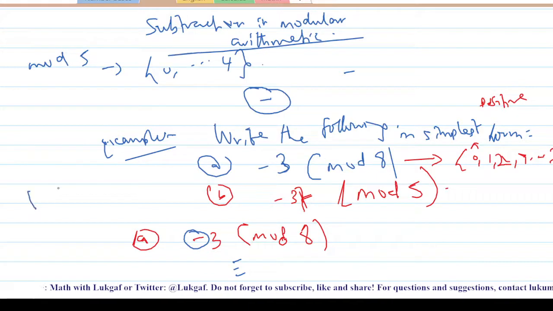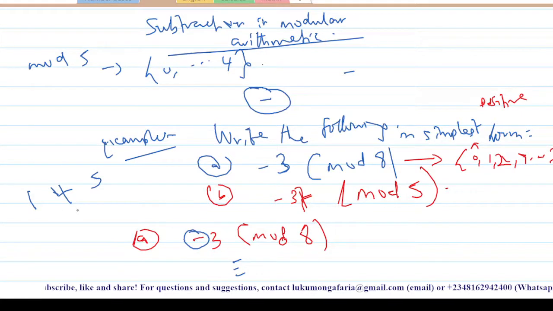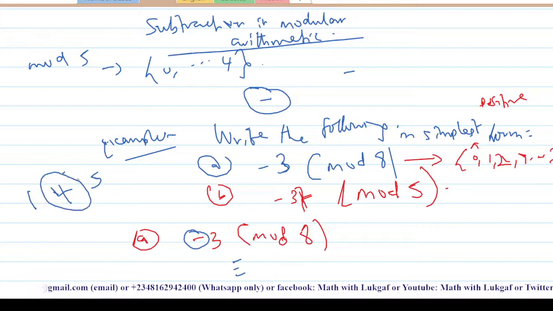If this is the number we are looking for, and this is the modulo, then you are going to find a multiple of this modulo that is very close to that number. For example, this is 3, right?